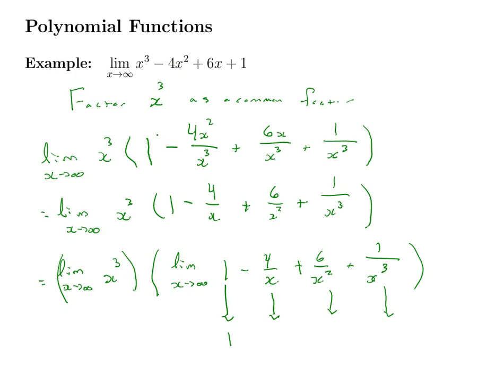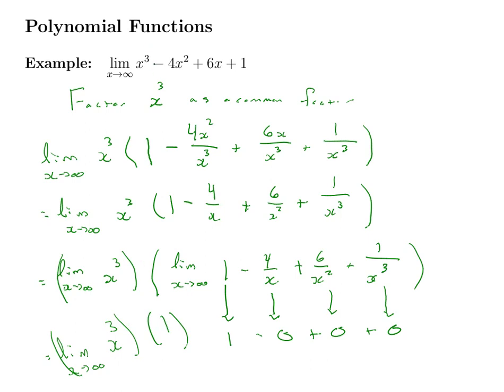We'll notice that since I factored out the one with the biggest exponent, I'm guaranteed that all the other ones are going to have more x's in the denominator, so that when we simplify them, there's x's left over here. So that means all of these are going to go to just 0. So that means I've got this limit times the limit as x approaches infinity of x cubed, times this one, which is just 1.